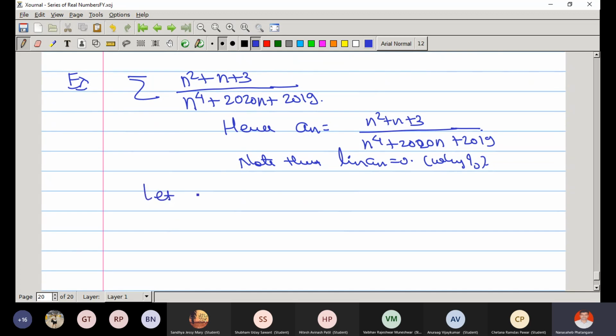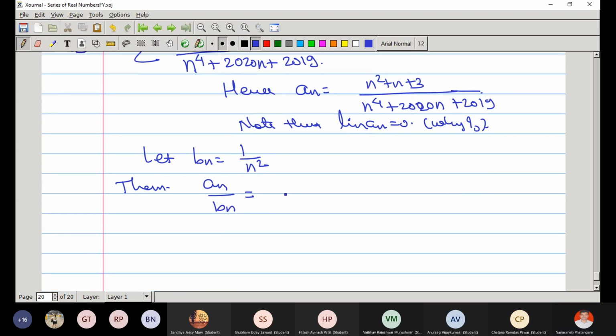So I will select here Bn equal to 1 upon n square. Then what is an upon Bn? It is n square plus n plus 3 upon n to the power 4 plus 2020 n plus 2019, divided by Bn, that means multiplied by n square upon 1.